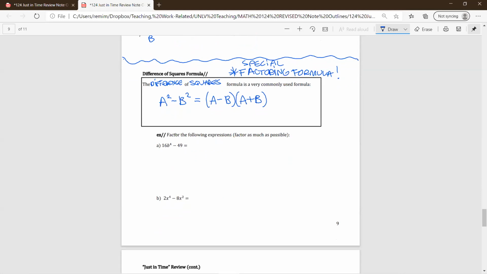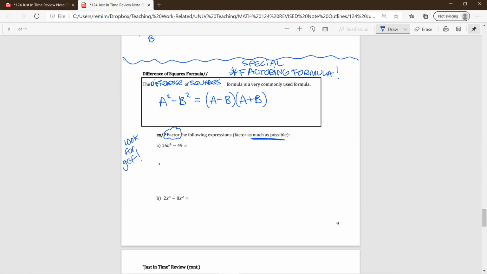So part A, well, first of all, it says factor. It says factor as much as possible. So what I'm going to do for part A is the first thing I always do when factoring is look for the GCF first, no matter what, just like we've done in all of them so far. So do we have a GCF here?